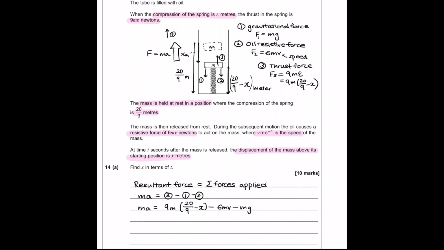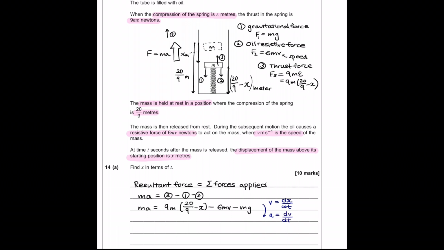And we want to find x in terms of t. Therefore, we're going to change our acceleration, a, and velocity into terms of x and t. So remember your relationship between x, v, and a. V, which is velocity, is how fast your displacement is happening, so it's dx over dt.